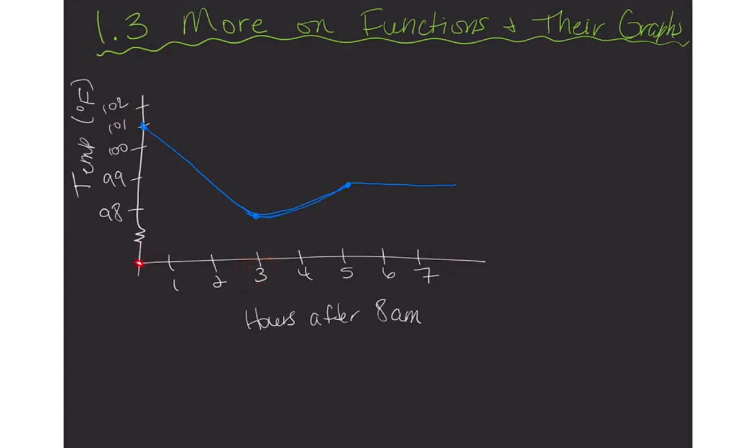If this is 8, this would be 9, 10, 11. So we know that at 11 a.m., our temperature was 98 degrees. And then after 11 a.m., it started to increase in temperature until what time?